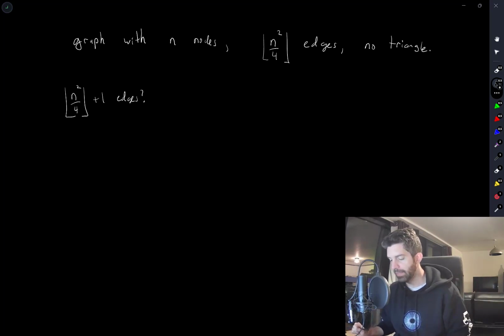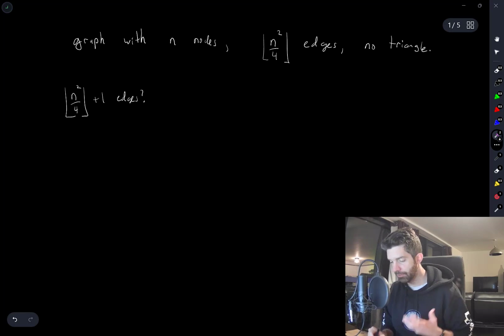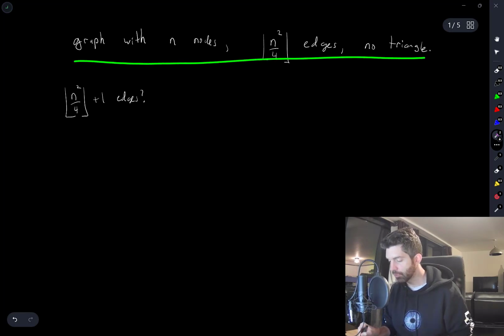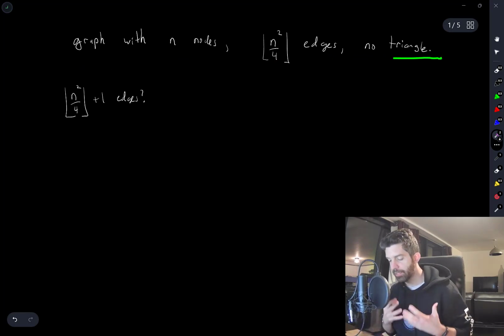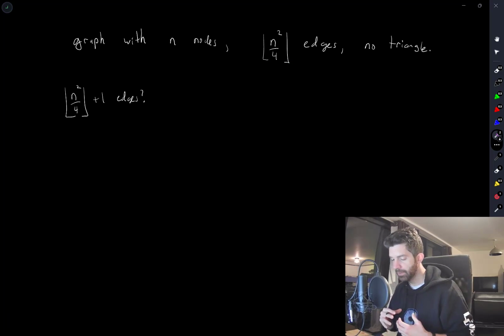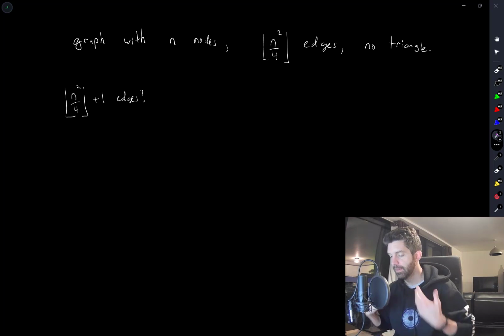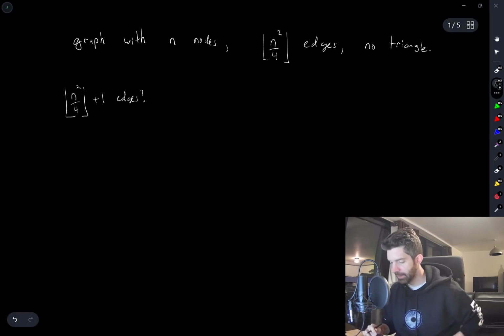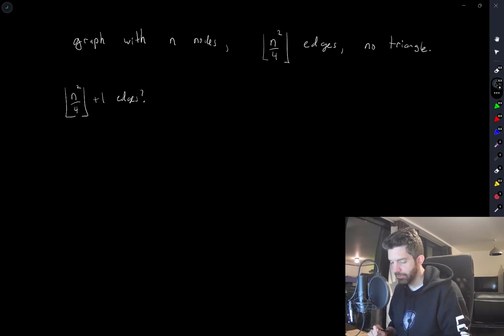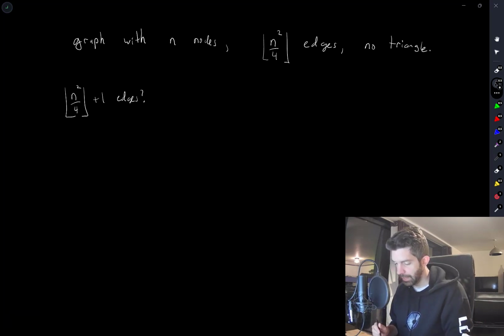Or perhaps, if for some value of n such a graph does exist, maybe I can use that graph to add one more node in a particular way that the property is still satisfied. So the first thing I'm going to do is just experiment with a few different values of n.